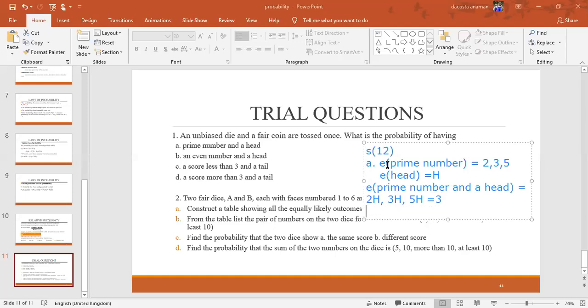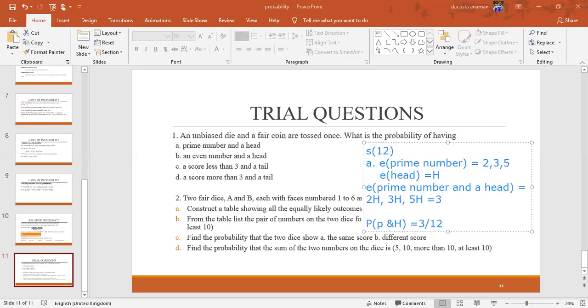Therefore, the probability of having a prime number and a head, let me represent it with P of A and H, will be equal to what? That's 3 events over the total sample, which is 12.